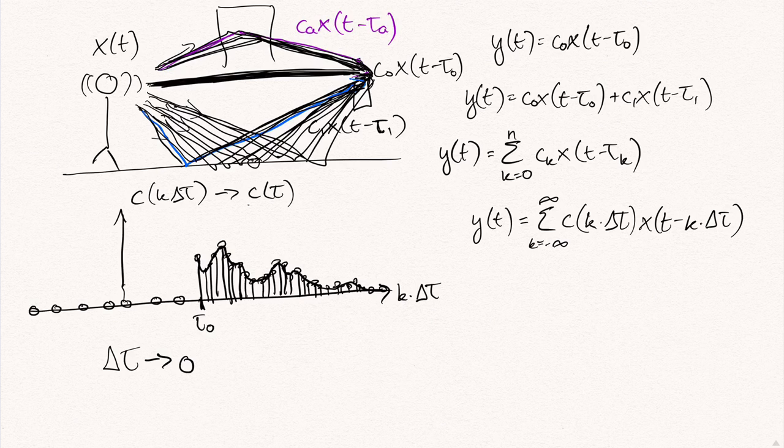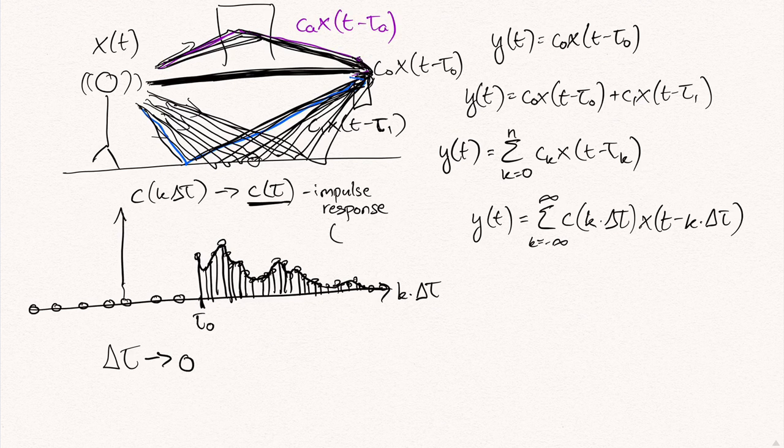And this c of tau is what you will know as your impulse response, which often is written as h of tau, like this.